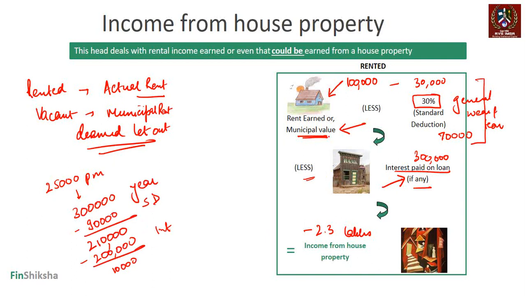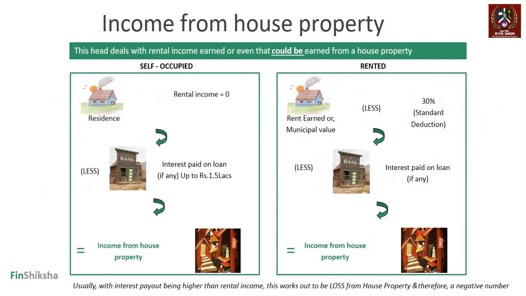Now, generally, you will note that for a home that is valued at, let's say, something like 50 lakhs, the EMI component is about 50,000 per month. So in the year, you're talking about 6 lakhs approximately paid as EMI. Give or take a few, usually you will end up paying a lot of interest on this. So usually the interest payout is higher than the rental income. This works out to be a loss from house property, and therefore is a negative number.